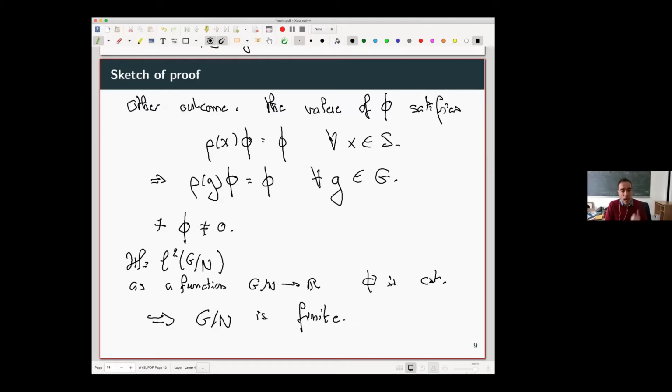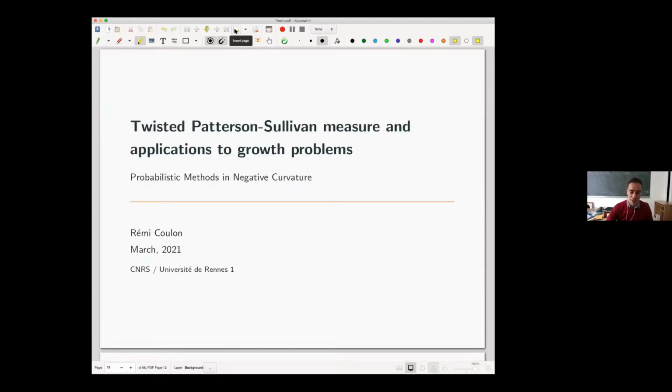And if 3 is an eigenvalue of the twisted operator, we were able to produce an invariant vector phi for the representation. And this implied that the quotient is finite. So this was a very brutal assumption to say the twisted operator has an eigenvalue which is 3.